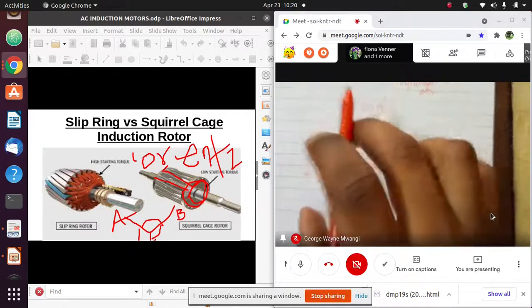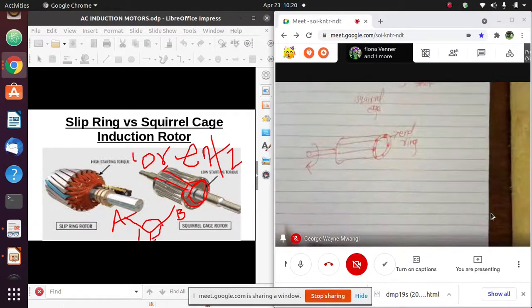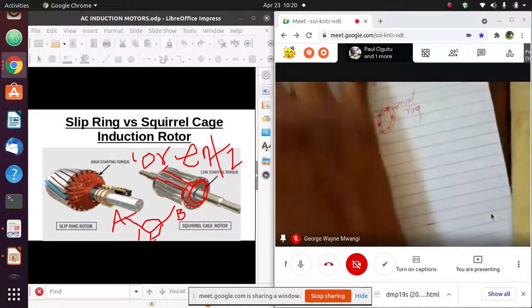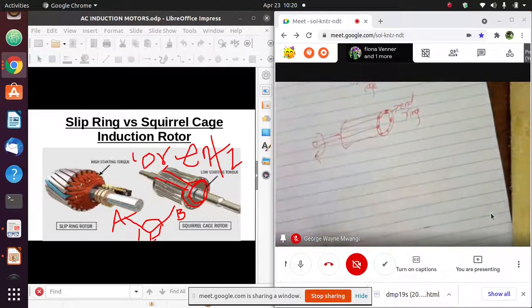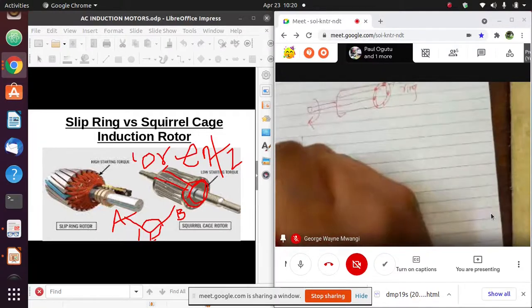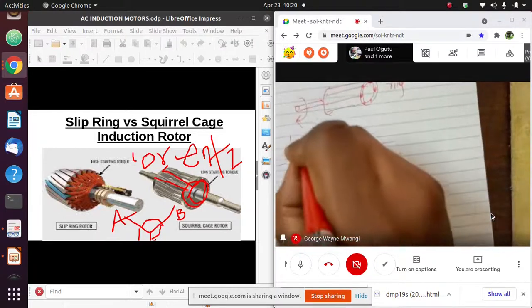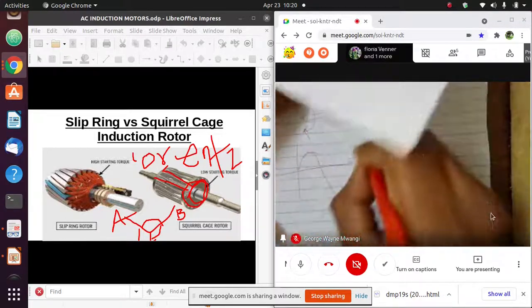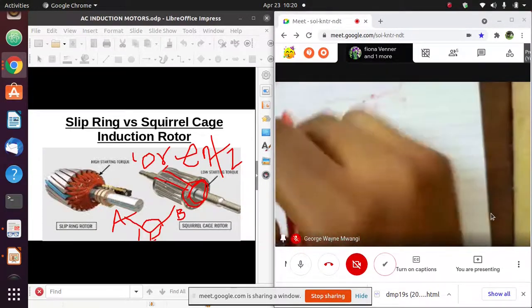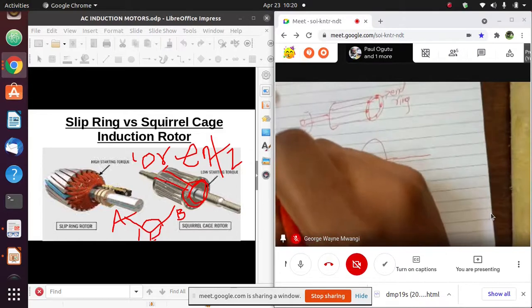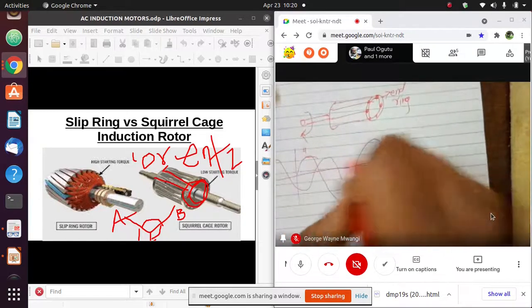Now, once that three-phase supply is supplied to the stator windings, the current in each winding is alternating. We have phase A, then another phase, and another phase.